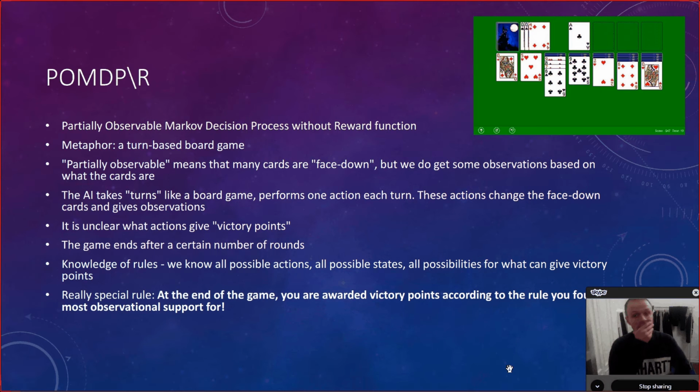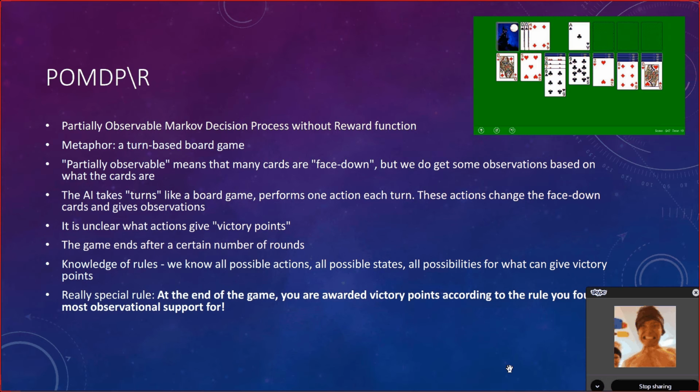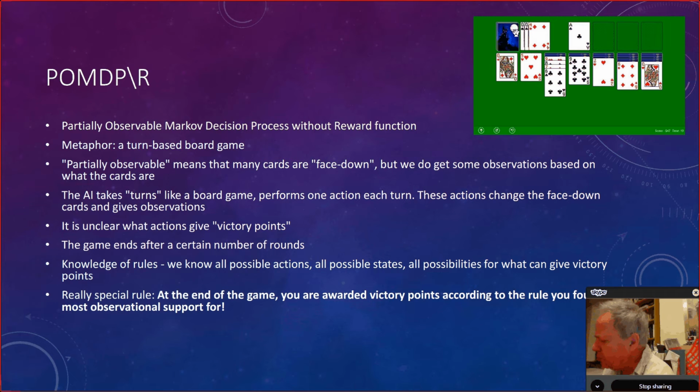It combines an influence that you yourself have with some random elements, and partially observable. That's the PO in this. It means that there might be some cards you can't really see, like in Solitaire.